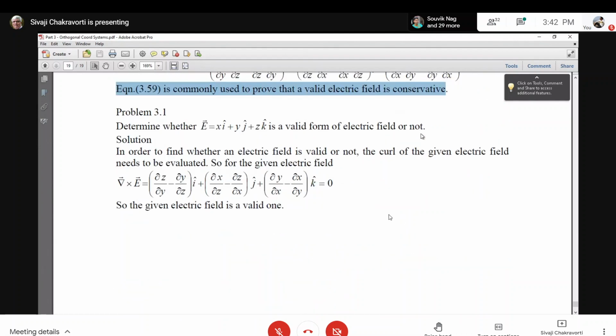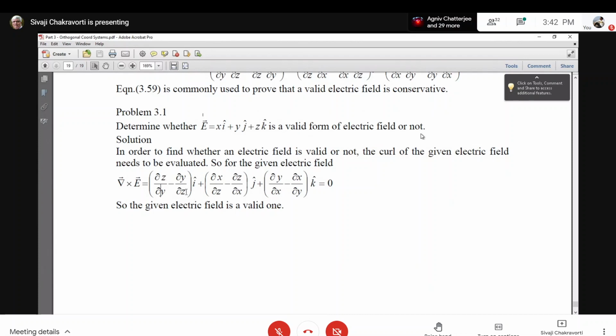Just a simple problem is given here, that a vector field is given by this expression, x i vector, y j vector, z k vector. Prove whether it is a valid field or not. We just take the curl of E. So we put in the Cartesian coordinates the curl of E. Now you can see that del z, del y, you cannot differentiate z with y.